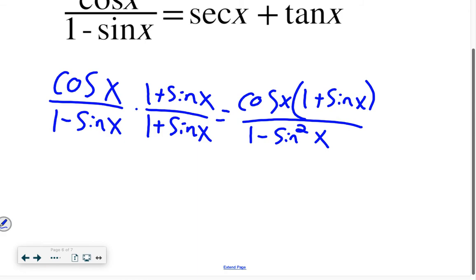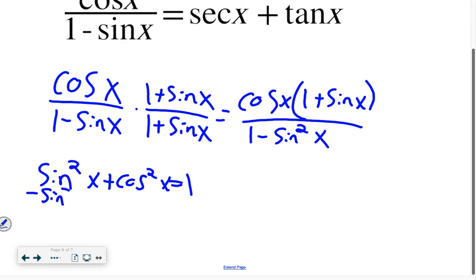Well, if you think about it, let's use one of our Pythagorean identities, sine squared of x plus cosine squared of x equals 1. Well, if you wanted to solve for cosine squared of x, you subtract sine squared of x over, right?